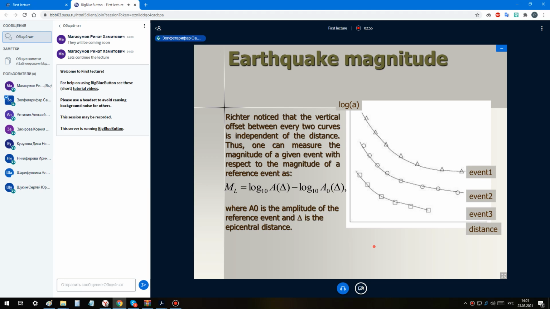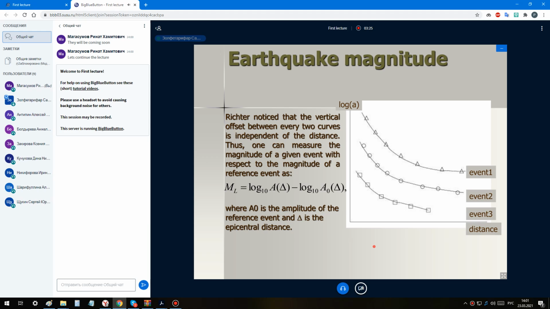Also, Richter noticed that the vertical offset between every two curves is independent of the distance. Thus, one can measure the magnitude of a given event with respect to the magnitude of a reference event, as shown in the equations in this slide.